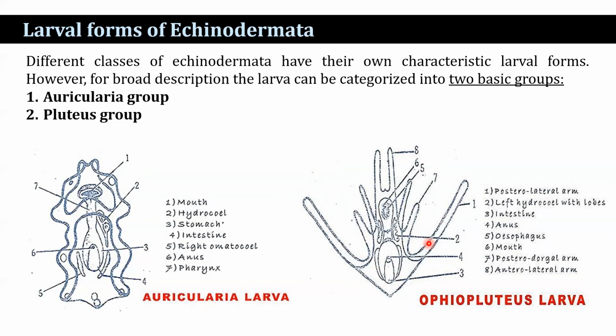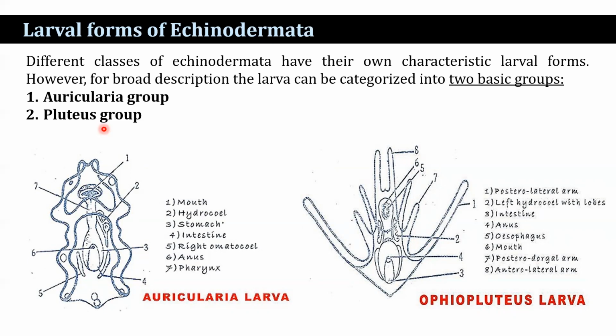However, for broad description, the larvae can be categorized into two basic types: the auricularia group and the pluteus group. The auricularia group includes auricularia larva, bipinnaria larva, brachiolaria larva, and doliolaria larva. Whereas the pluteus group contains ophiopluteus larva, echinopluteus larva, and some other larval forms also exist, such as vitellaria larva and pentacrinoid larva.